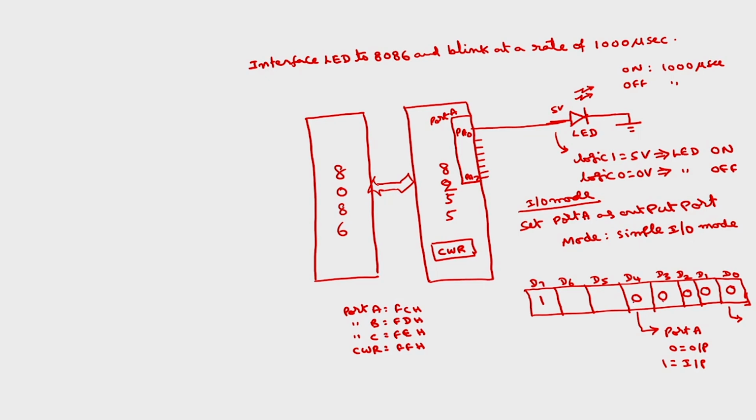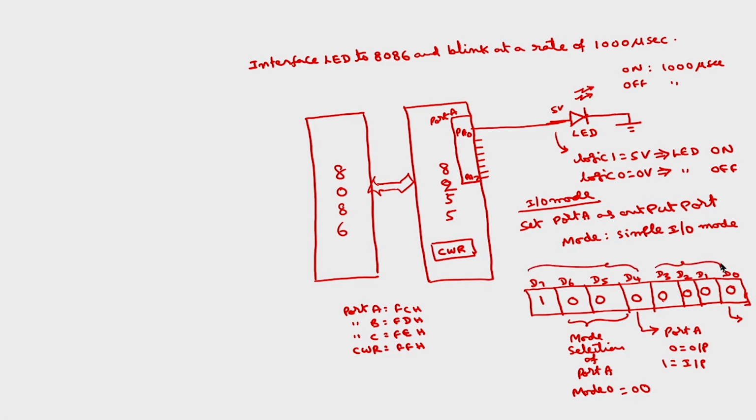Whereas this should be 0, and these 2 bits are for mode selection of port A. I am using mode 0, which means this will be 0 0. So, what is the control word now?